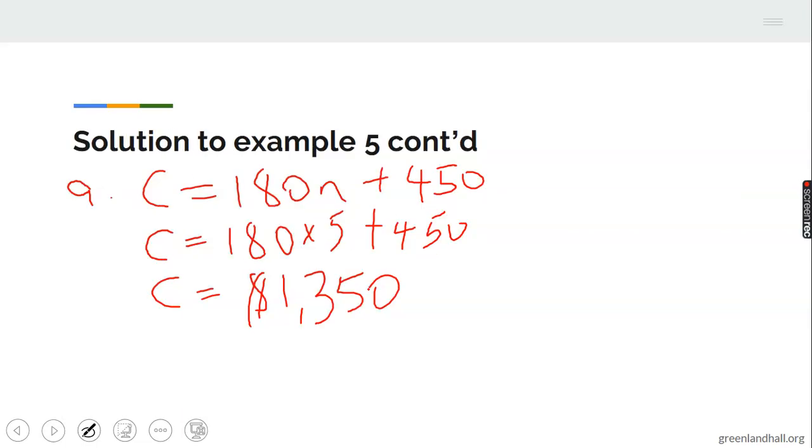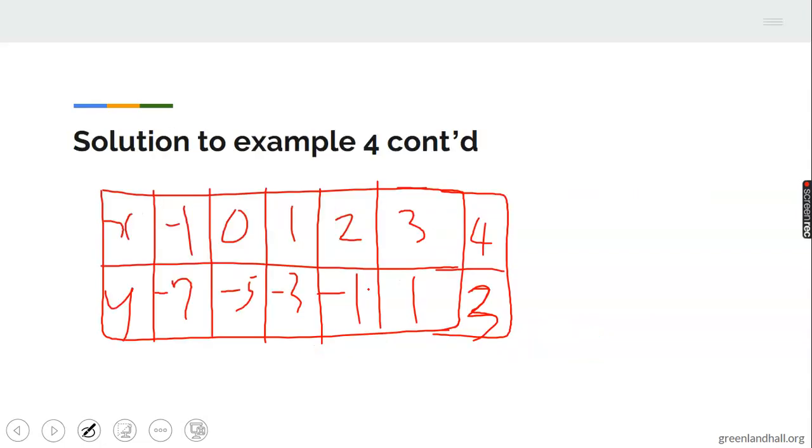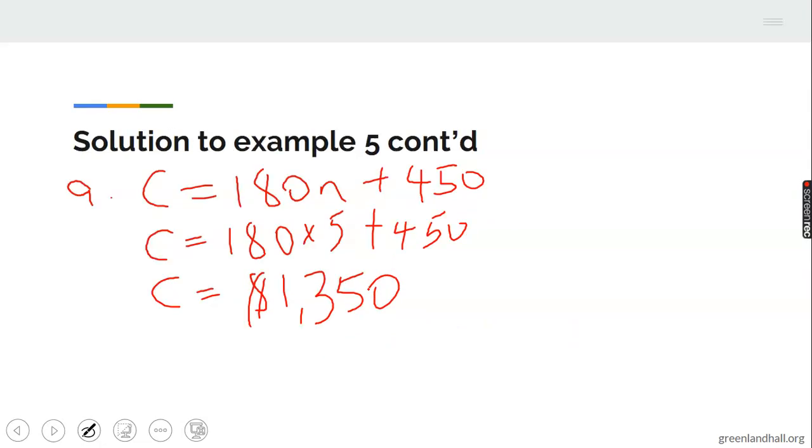Now, sorry. How many people are there if the weekly cost is 1,170? Okay, this is for question B now. If you are having the cost C to be 1,170, you want to know the number of people.